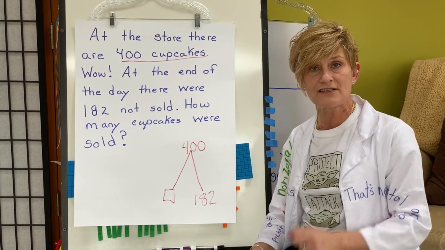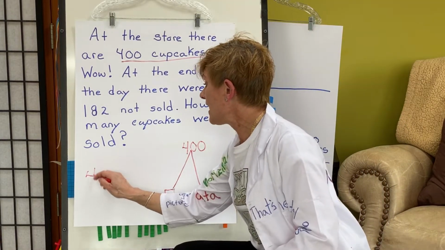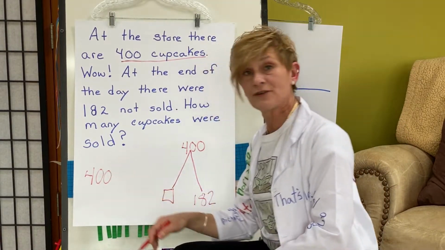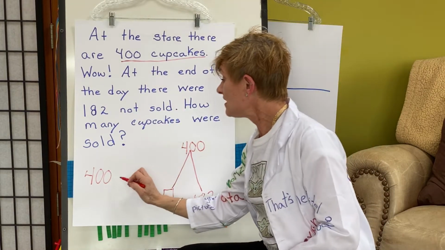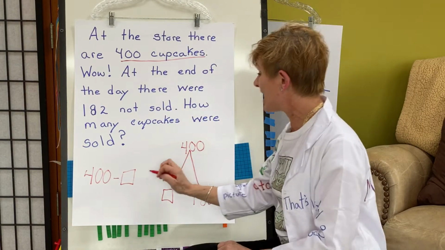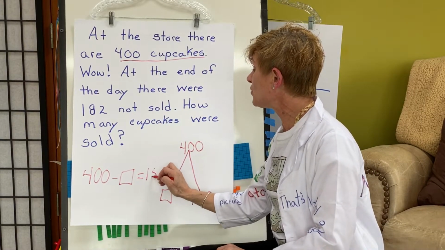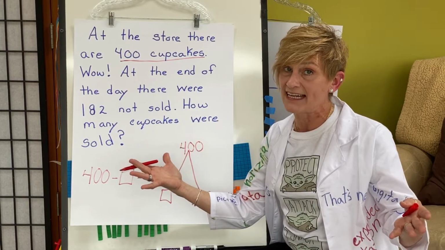How many of you have a situation equation down? I'm going to put mine up. I know that we started with 400. Then at the end of the day, there were 182. That means during the day, something had to happen. That's right, my friends. You're looking for what? I hope you said unknown add-in.